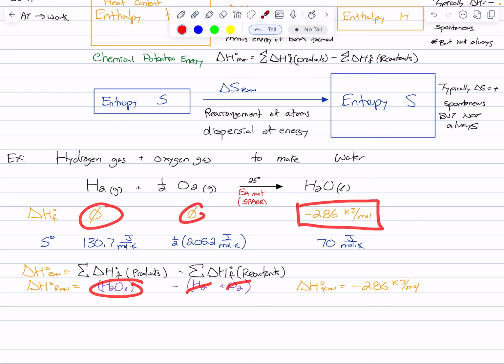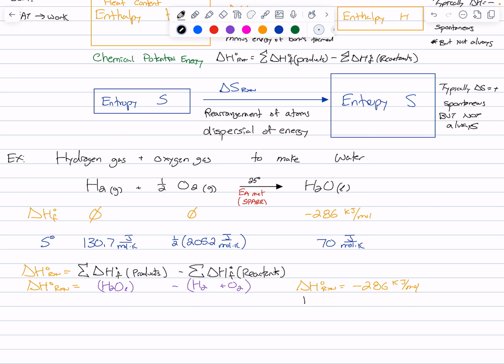Perfect. That's delta H of the reaction, the heat created by the reaction. If you have a mole of hydrogen and half a mole of oxygen to make 1 mole of water, 286 kilojoules is released.